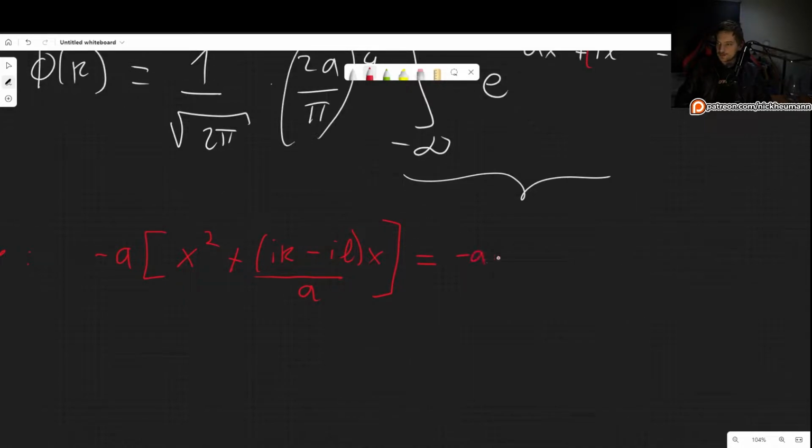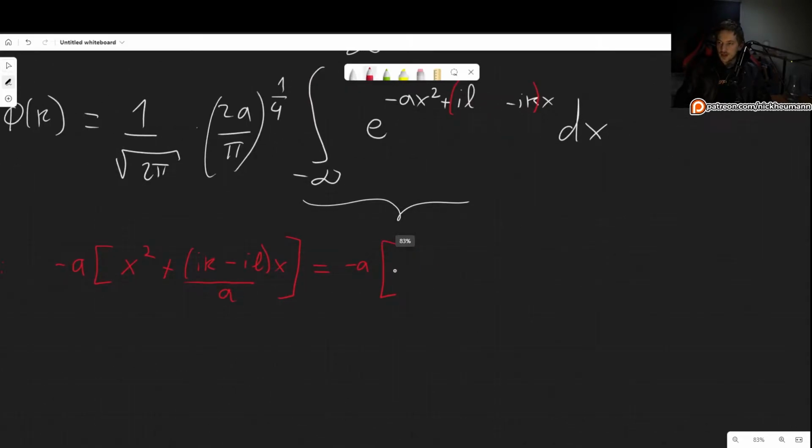So to do that, I'm going to go step by step here, completing the square. Now this means that we want to have something like x plus ik minus il, you could factor out the i I guess, and then divide it by 2a, squared.